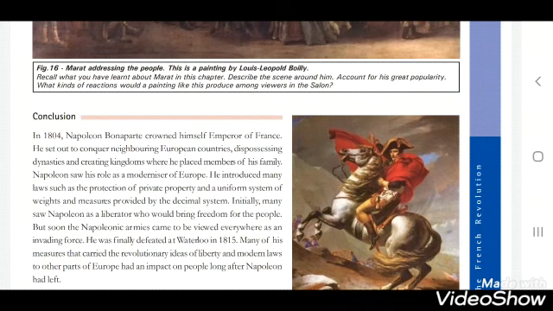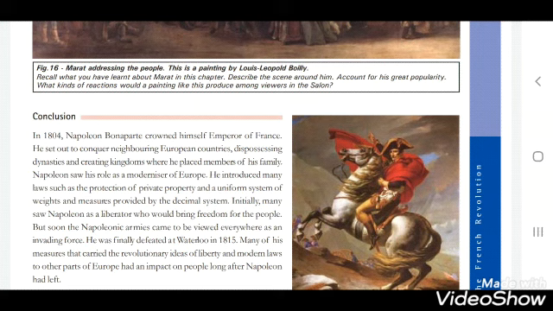Now, in conclusion, the ideas of liberty, equality and fraternity spread. But as we said, Napoleon came to power in 1804 with the idea of becoming a liberator, but slowly and gradually he started to invade different parts of the country.